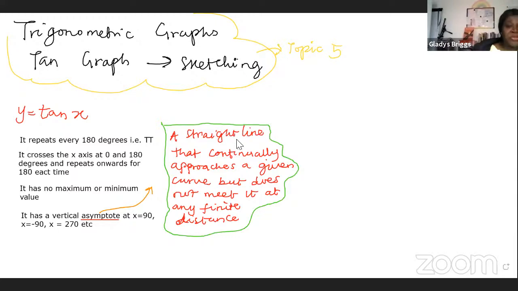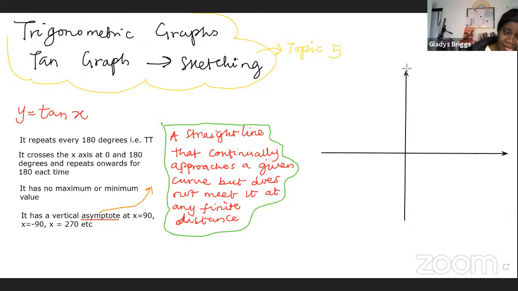So now that we know all the knowables, let's make a start on sketching the graph. I'm going to start to draw my x-axis, right here. Okay, and I'm going to draw my y-axis.